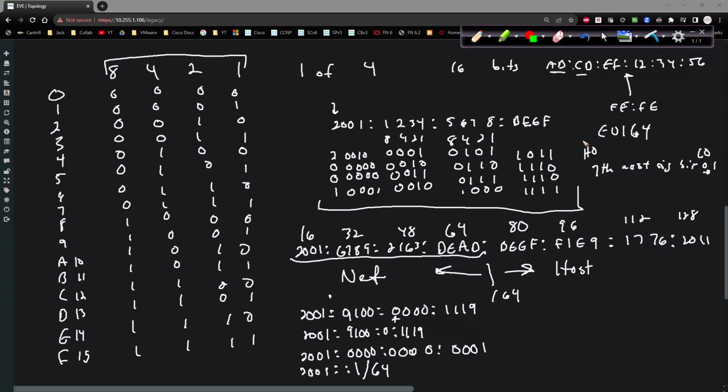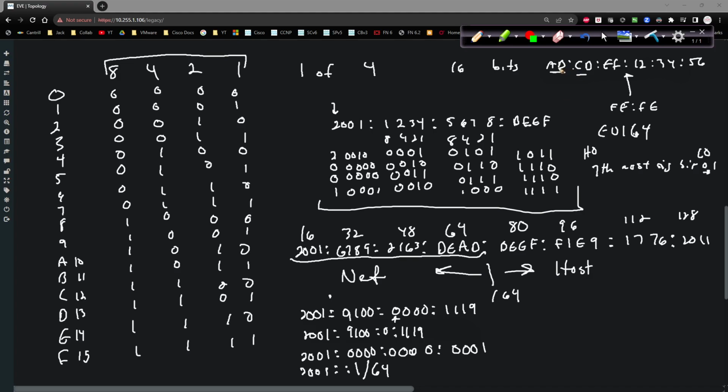And what ends up happening is this B would end up getting changed to something else. So you take the seventh most significant bit and you turn it on. If it's off, you turn it on. If it's on, you turn it off. And that changes this.